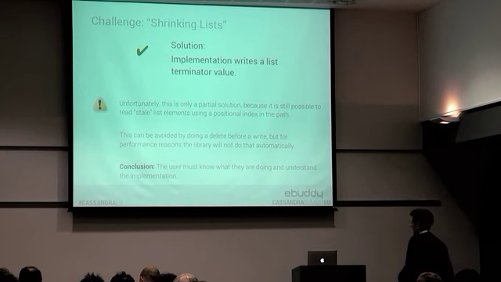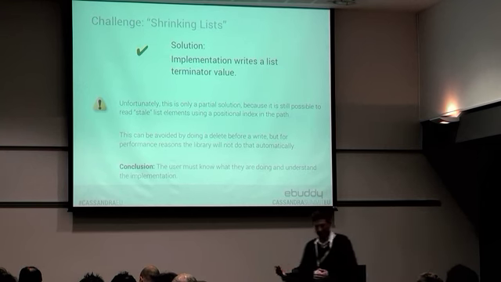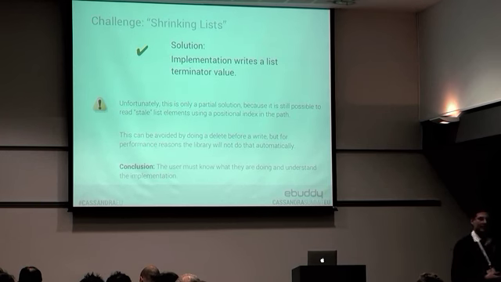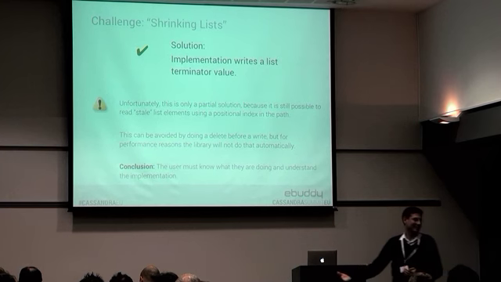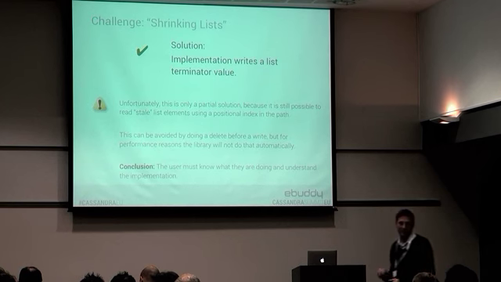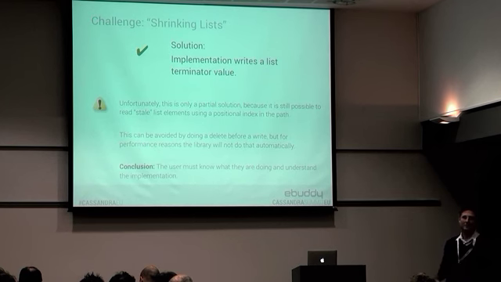You can avoid that if the caller knows that could happen, and so it could do a delete before it does the write. Okay, well, the library does not enforce that. So it's up to the client to do the right thing.